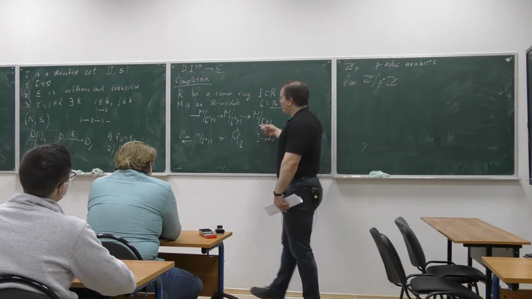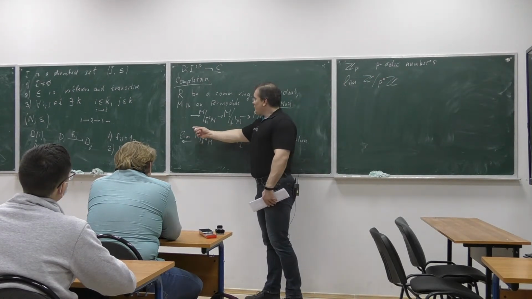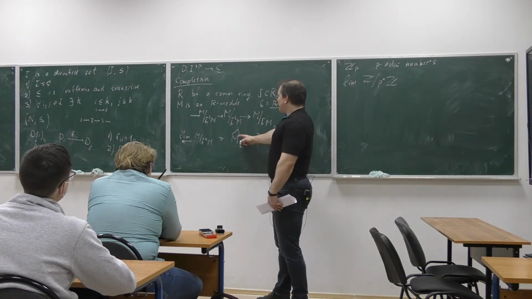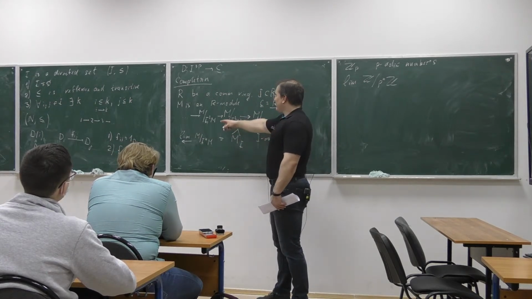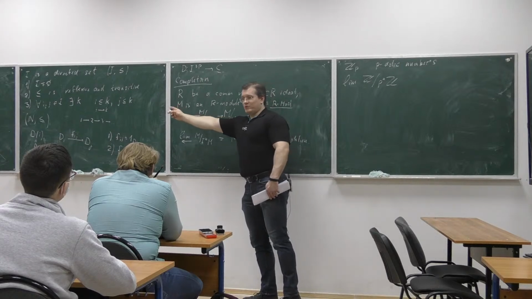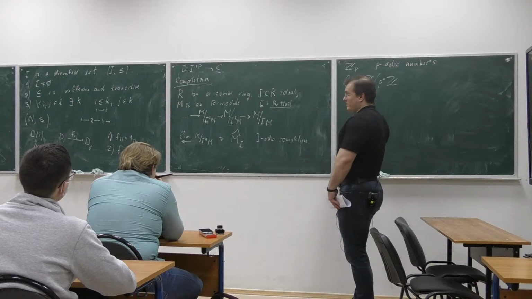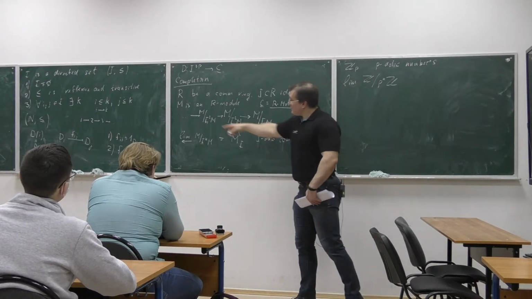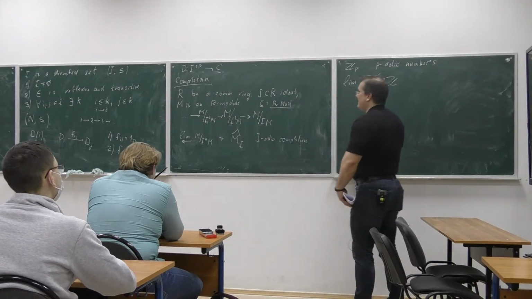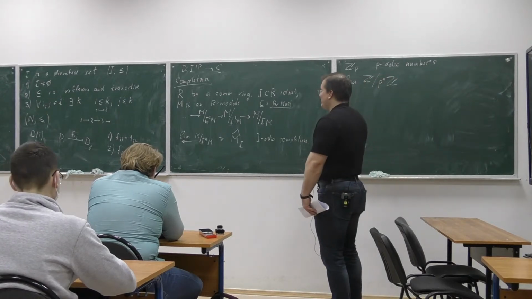Well, because look at this diagram. What you're supposed to see here is something like a module which is becoming larger and larger when you go in this direction. Yeah, but the arrows are going that direction, but the limit is kind of going in the other direction. Okay. So that's the reason for this notation.